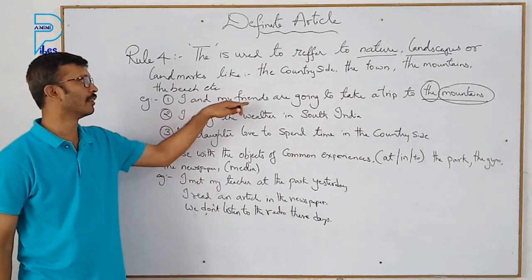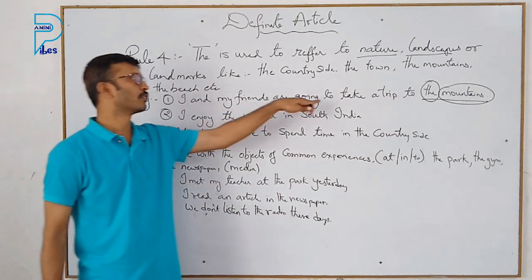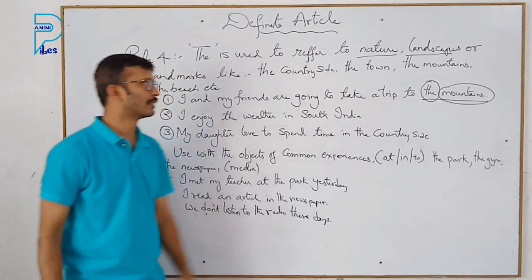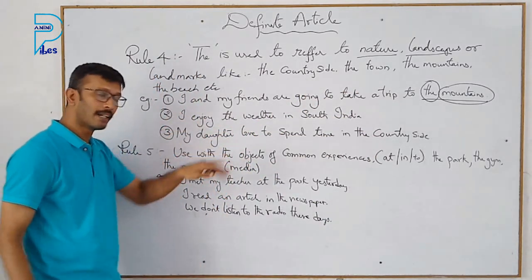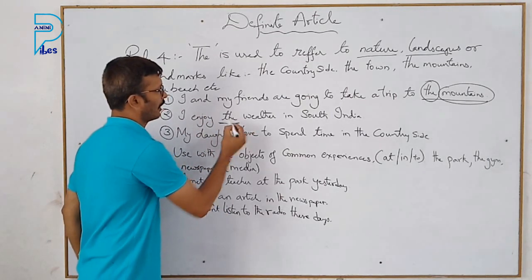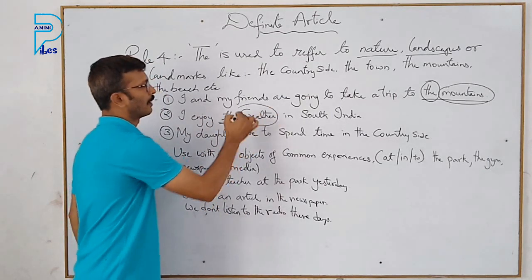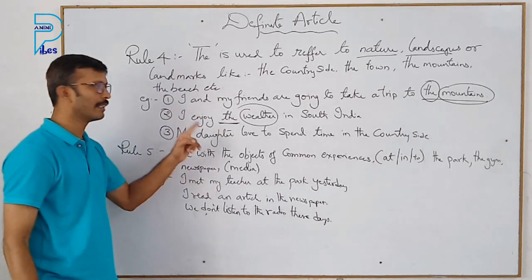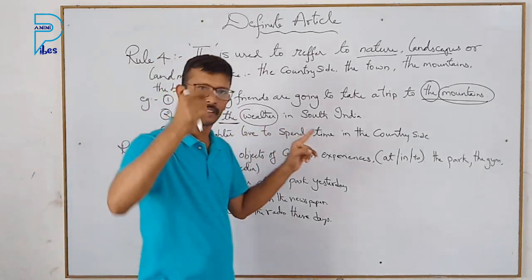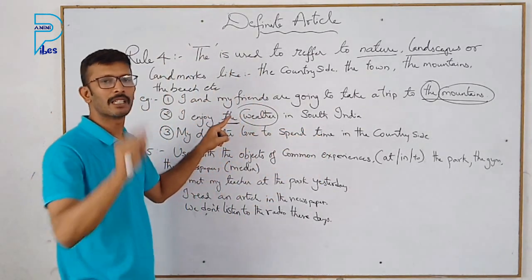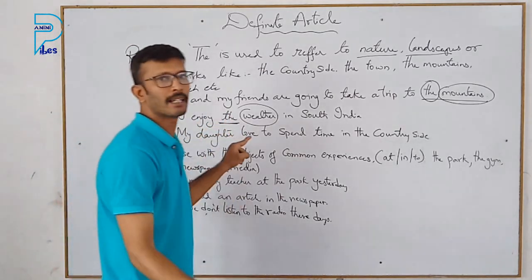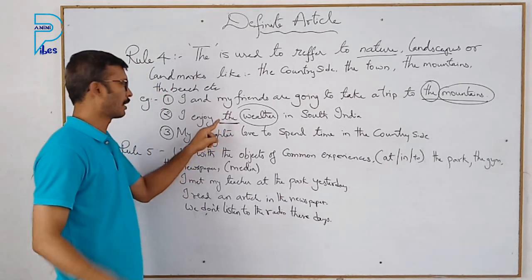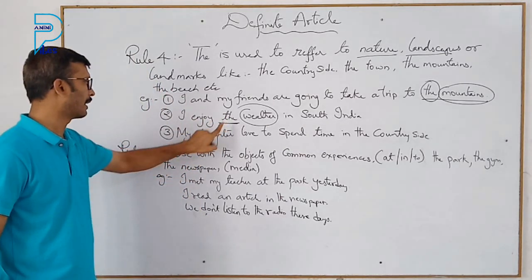Specific है वहां पे. I enjoy the weather in South India. Again देखिए, अच्छी तरह याद रखिए, सारे रूल्स में the कब यूज कर रहे हैं? स्पेसिफिक थिंग के लिए यूज कर रहे हैं, या जब भी स्पेसिफाई कर रहे हैं तब हम लोग यूज कर रहे हैं the as definite article.